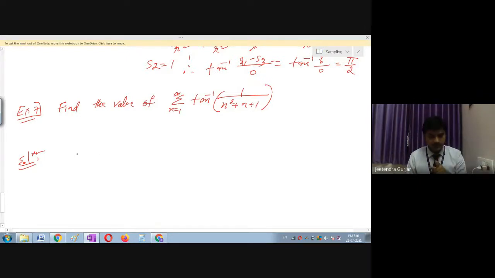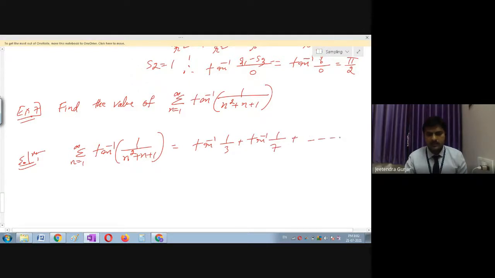In this type of example, students, please remember, you go on substituting the value so that it will become in the series form. So take down summation n equals 1 to infinity tan inverse 1 divided by n square plus n plus 1 is equal to tan inverse 1 upon 3 plus tan inverse. Go on substituting 1, 2, 3 value.